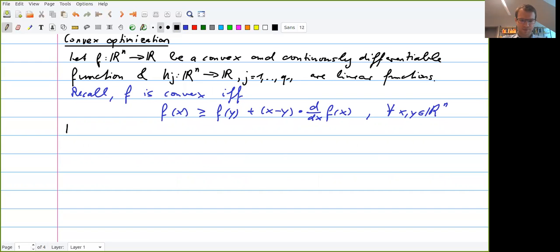So what is the problem? Consider the convex optimization problem.